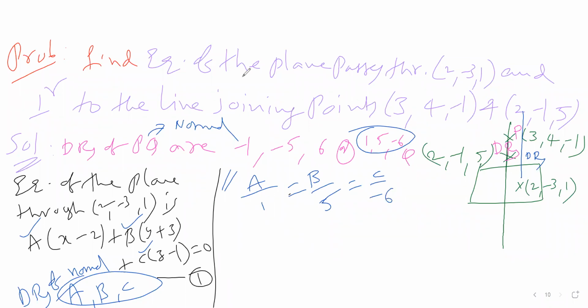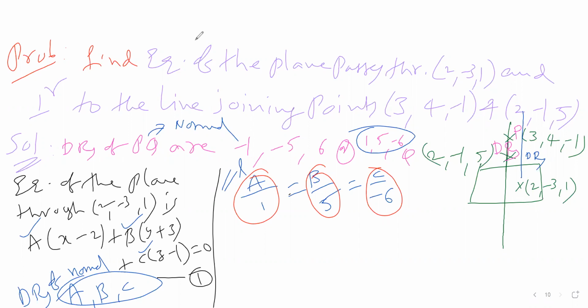Since the two normals are parallel, I am using the parallel condition. These three ratios are equal.